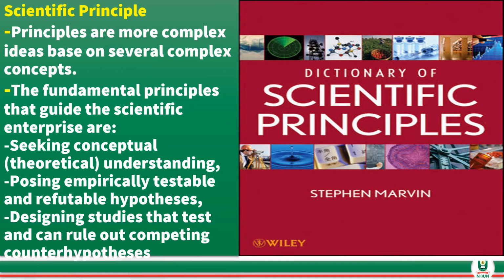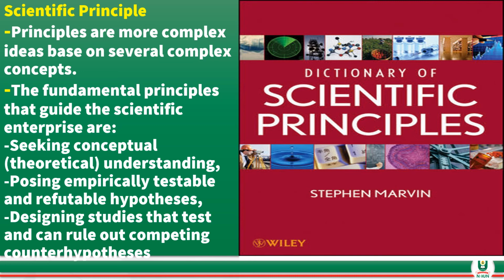We also have what we call scientific principles. Some principles are more complex ideas based on several complex concepts. So the fundamental principles that guide scientific enterprise are, as an example: seeking conceptual understanding, or we call it theoretical understanding. It is a principle in science.